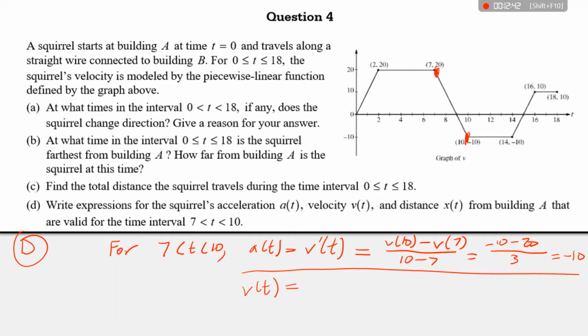This function is a line, so you should be able to create an equation of that line that's showing on the graph. I don't know how to VT.